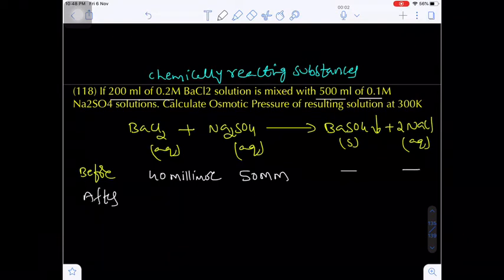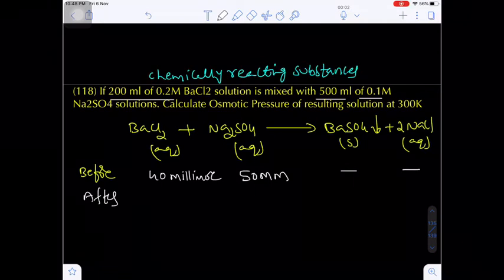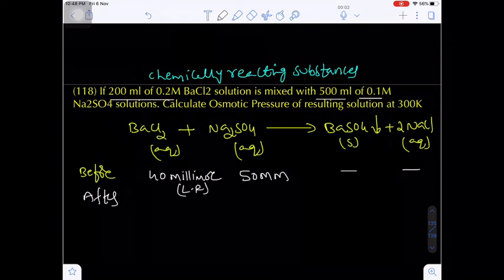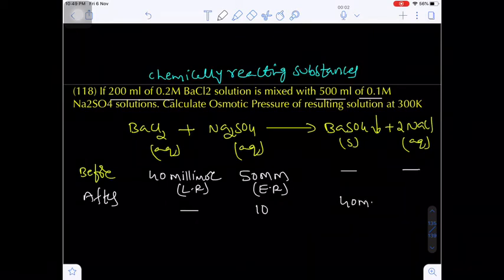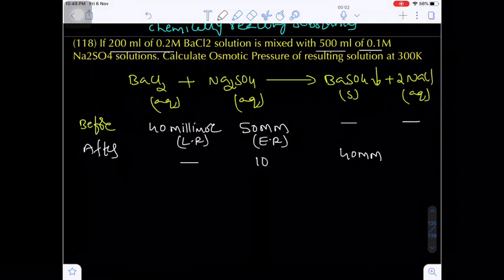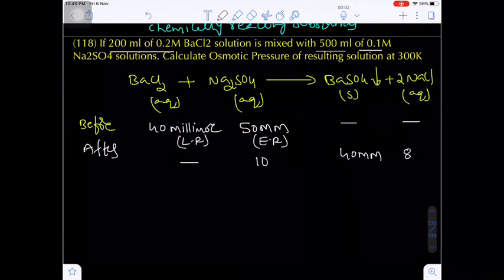But after addition of these two solutions and complete reaction, what is the limiting reagent here? Barium chloride, and the excess reagent is sodium sulfate. That means the barium chloride completely reacted and 10 millimoles of sodium sulfate remain, and 40 millimoles of barium sulfate will be formed, and 80 millimoles of sodium chloride will be formed.